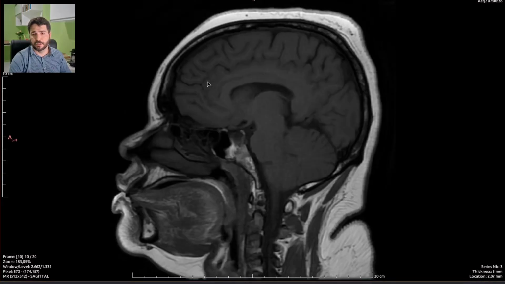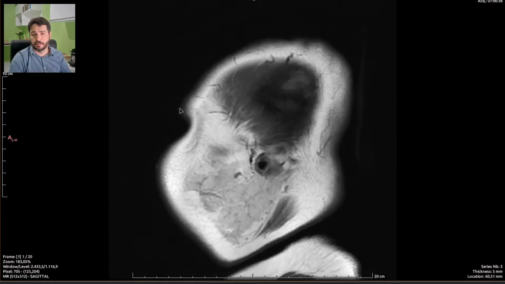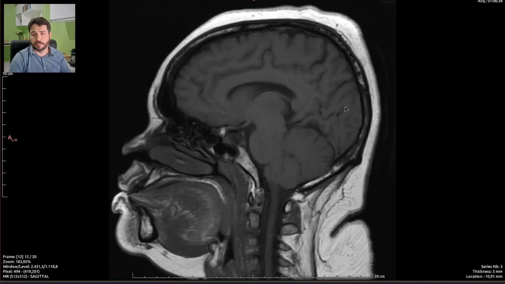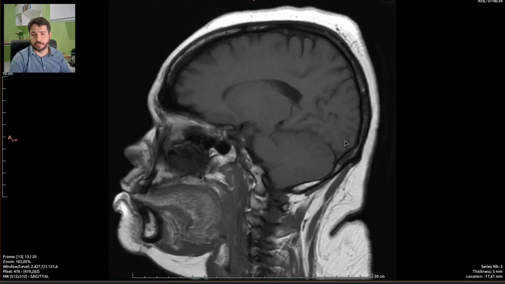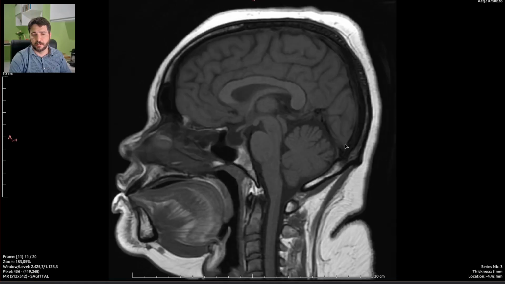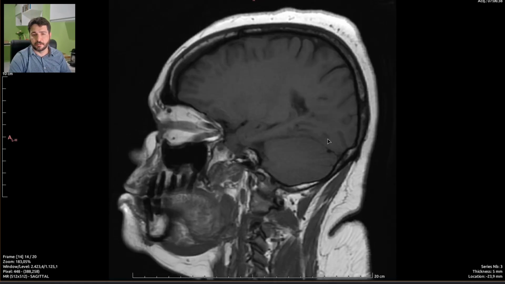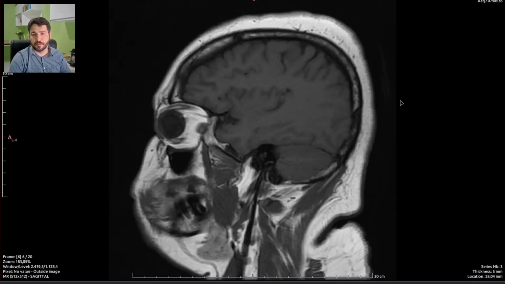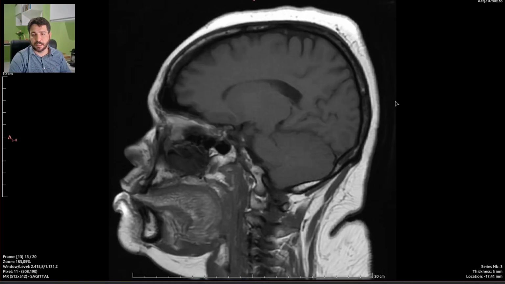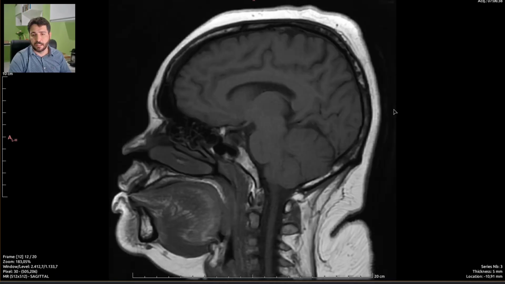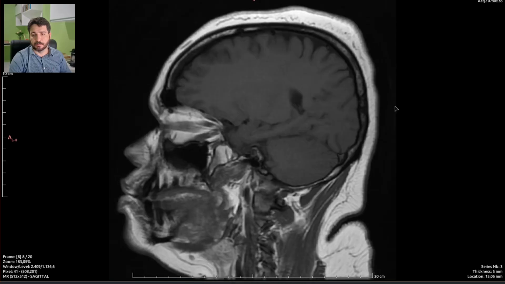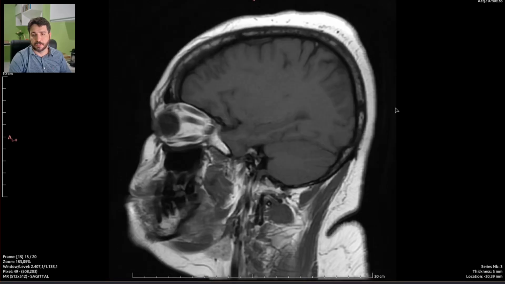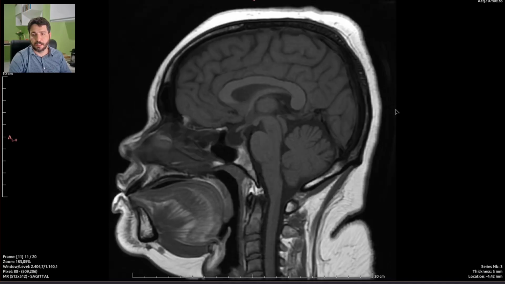So T1 sagittal, normal T1 weighted sagittal image of the brain, and acute thrombosis should be a bright spot on a site that has acute bleeding. There is no such sign.